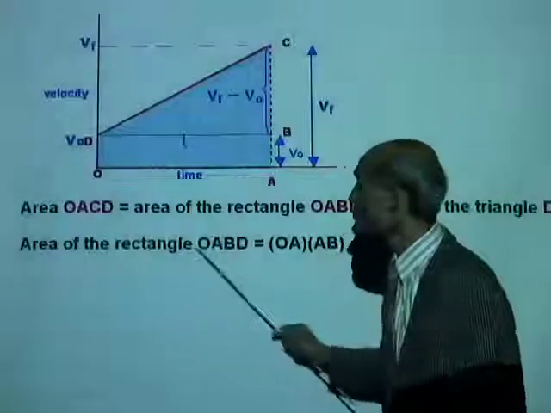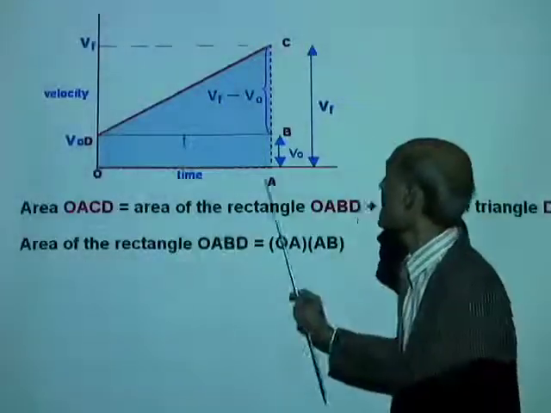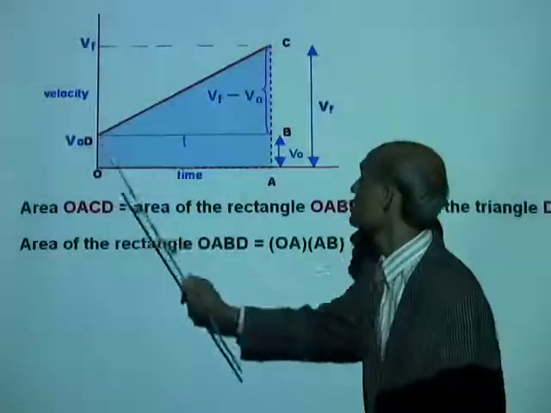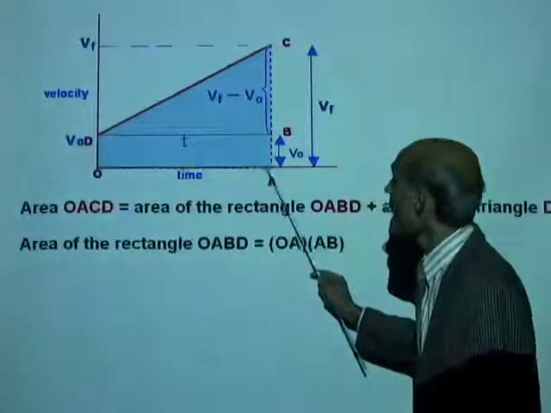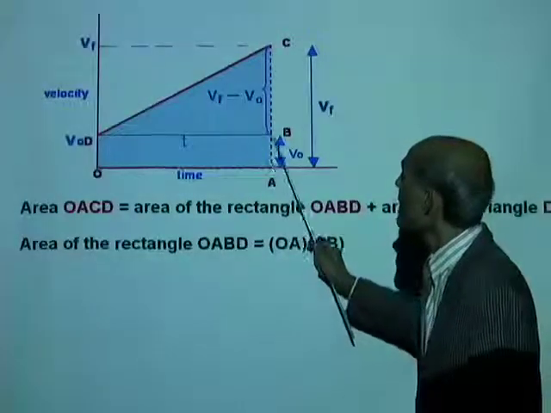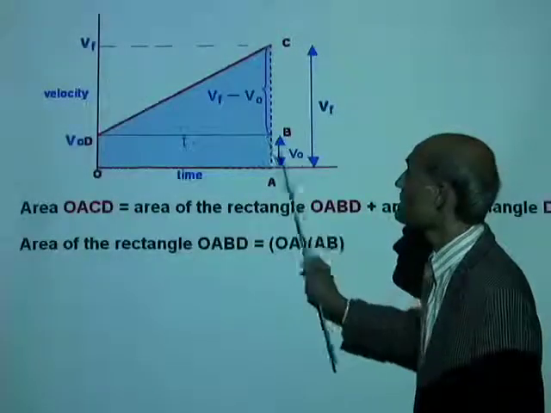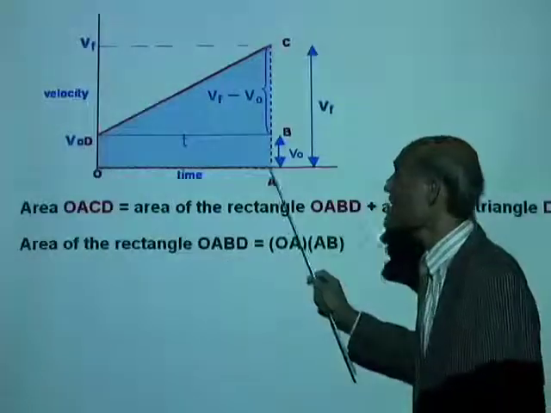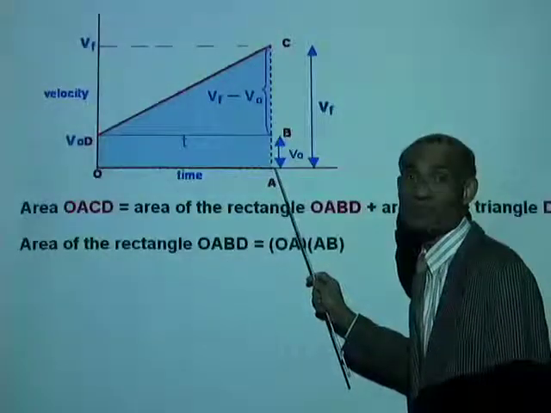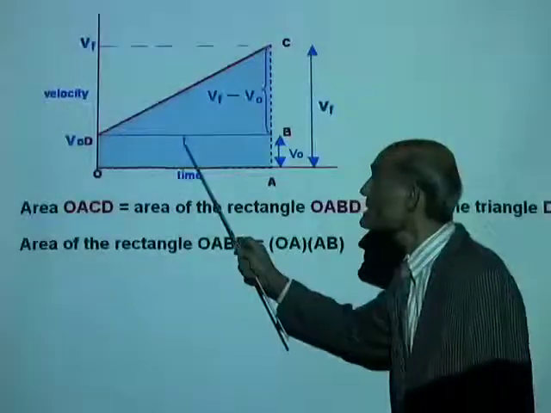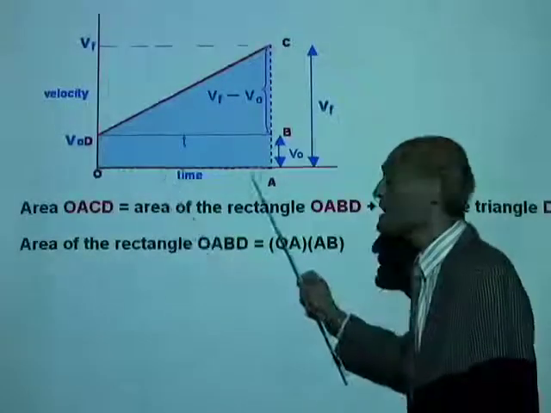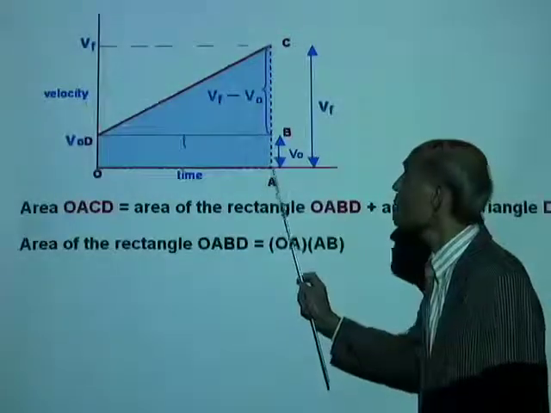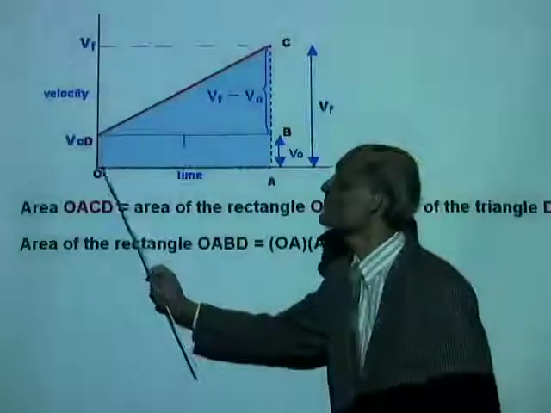Alright, area of the rectangle OABD is OA multiplied by AB. Tell me, what does OA represent in this diagram? It is the time t. You see that? OA is the time t, and what does AB represent?